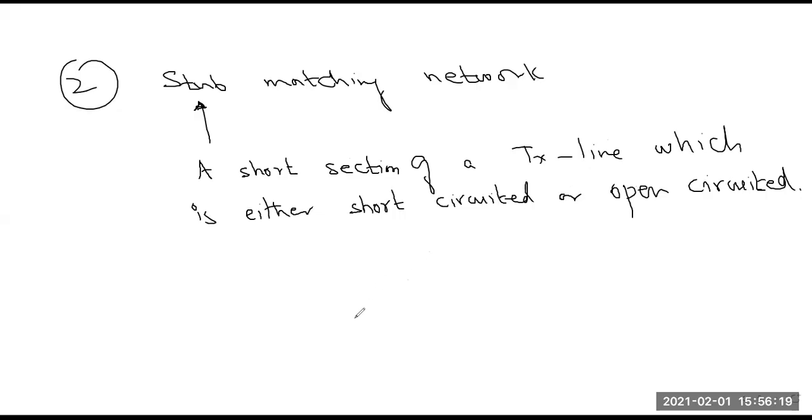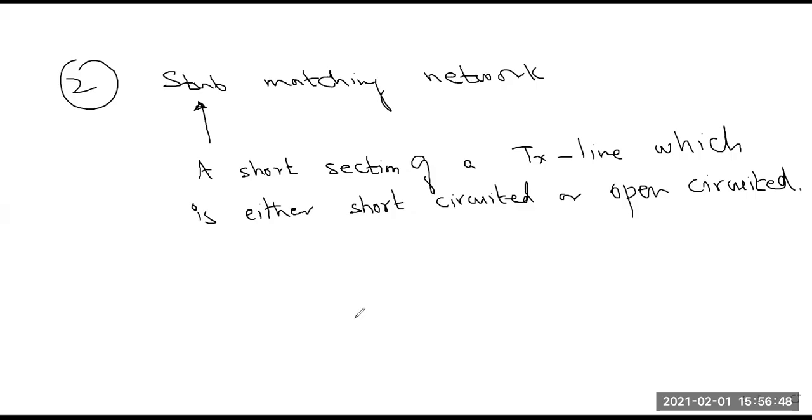And this is something that we already covered in this course. Let me remind you, when we were talking about transmission line theory, we considered special cases of terminated transmission lines. We considered what will happen if a transmission line is connected with a short circuit load, and what will happen if it is connected with an open circuit load.